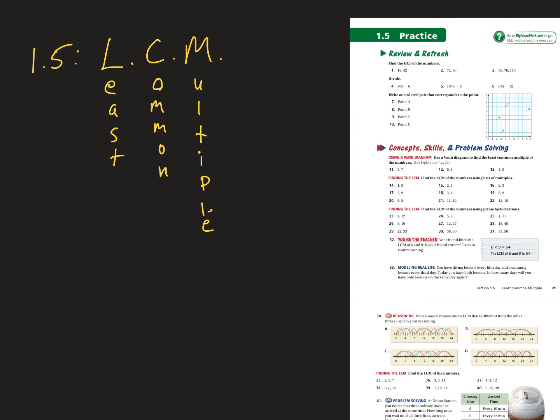So least common multiple is similar to trying to find the GCF with a tiny little trick involved. Let's take a look at how we find the LCM, or the least common multiple.